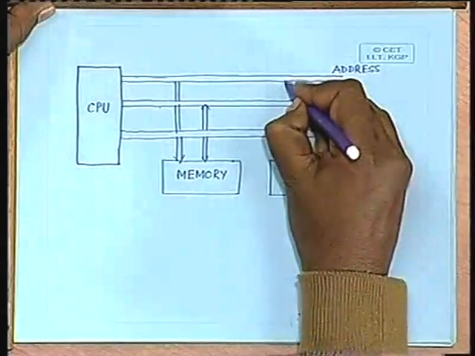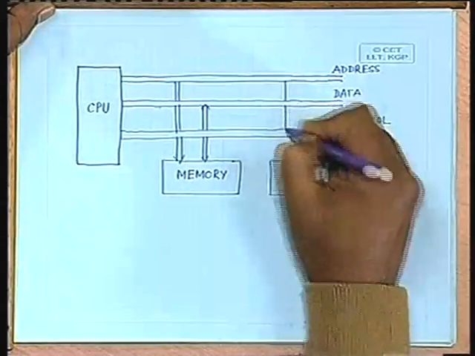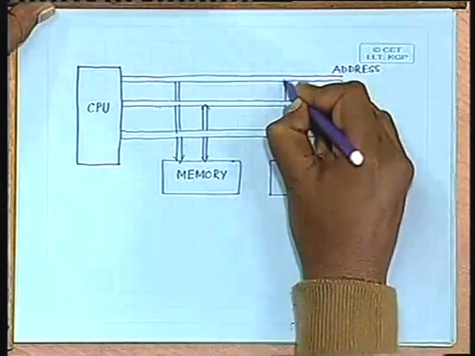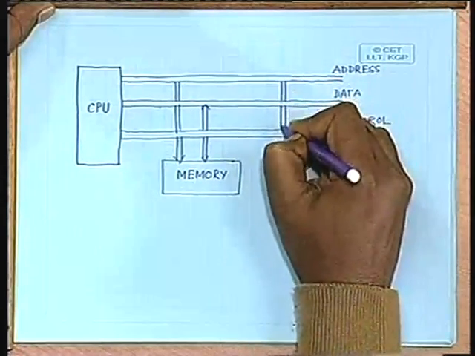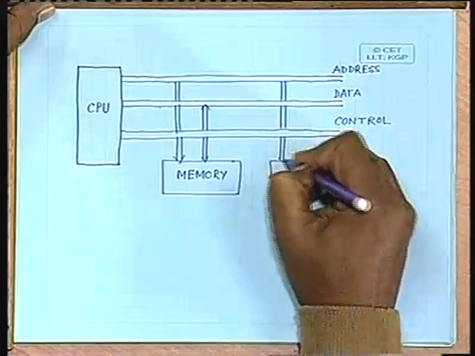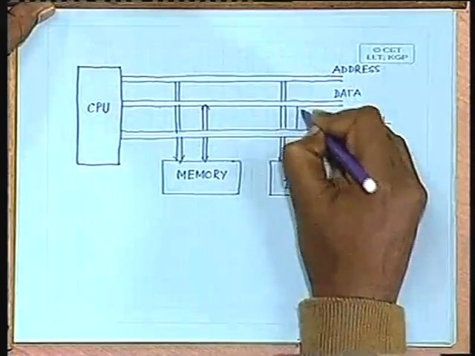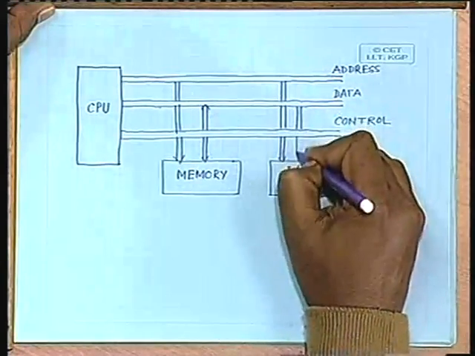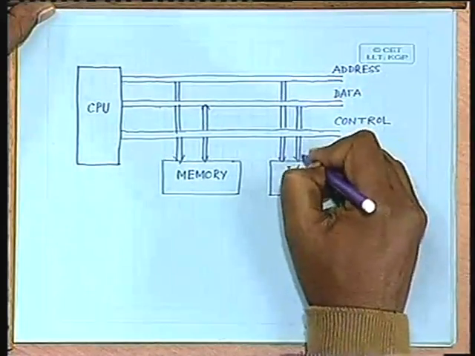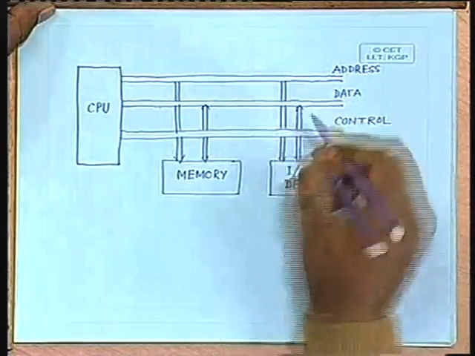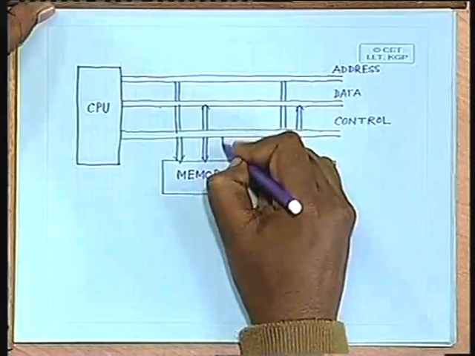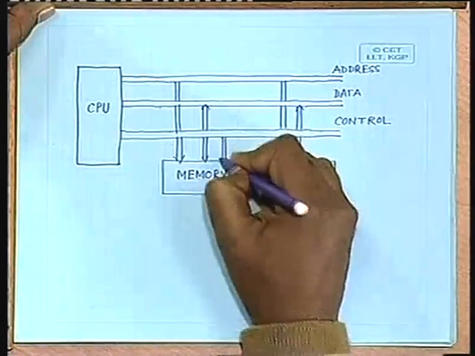Similarly, for this I/O device, we have to make use of the address lines, the data lines, and we also have to make use of these control signals.